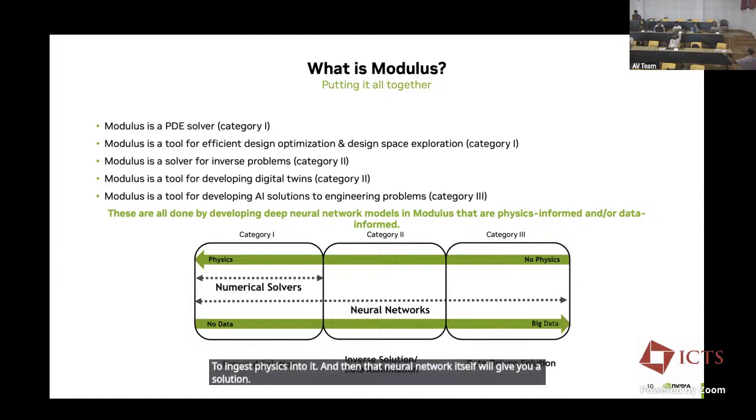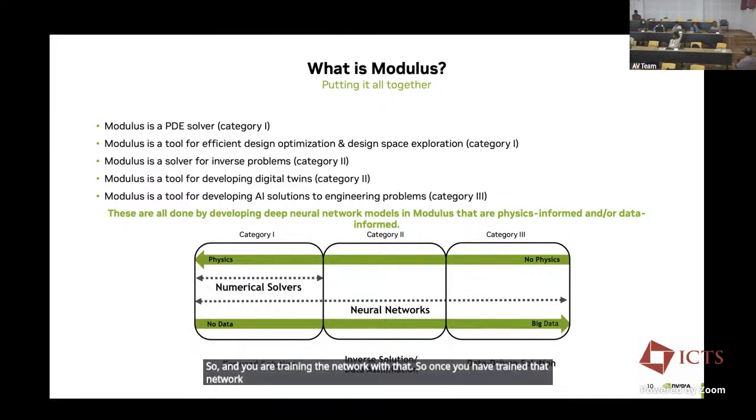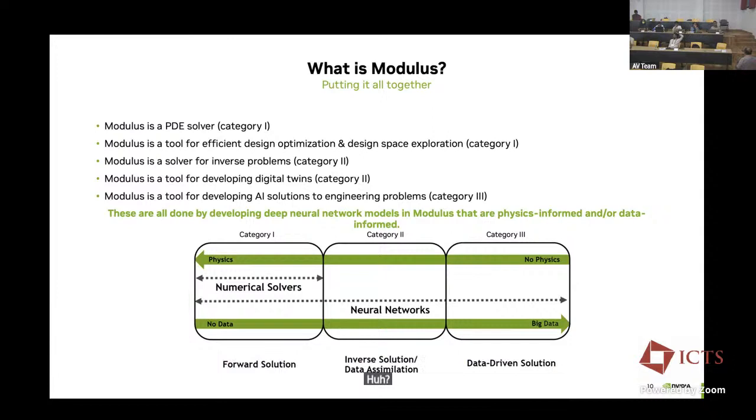You say that initial conditions are so, and my final output should be so, and you are training the network with that. So once you have trained that network, huh? Do we have to train it with simulation data or only the equations? Yeah, so you can do it with only equations also, with boundary conditions also. Okay, that we will take up. You will soon see.